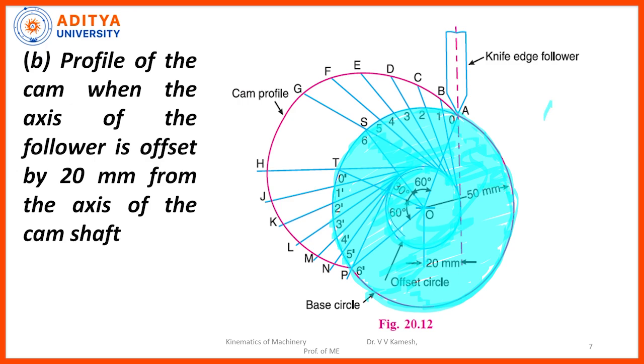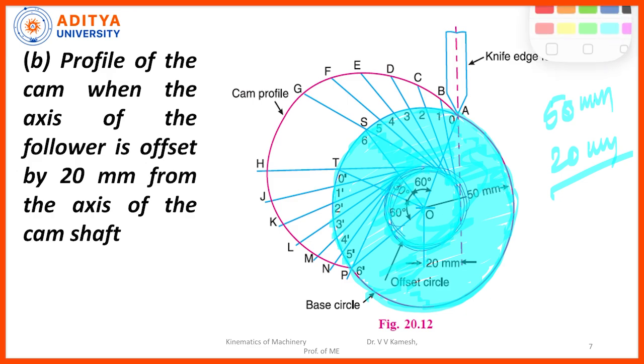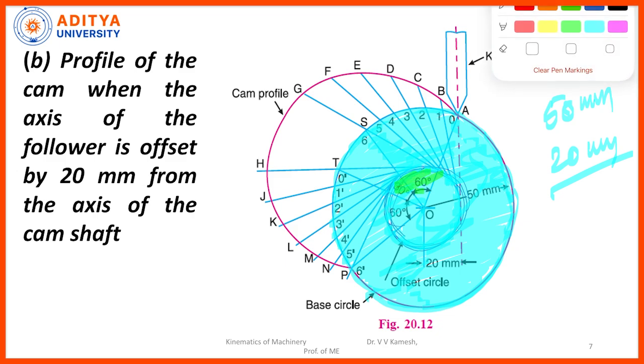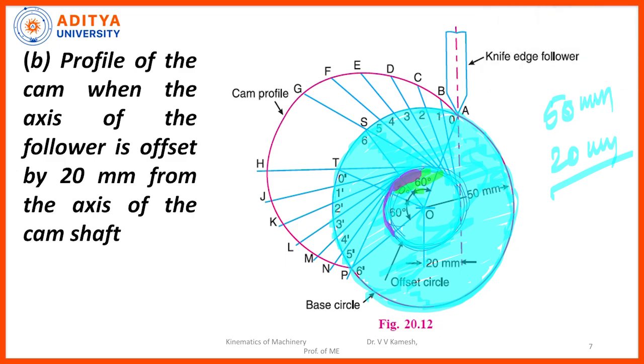The base circle is 50 mm radius and the offset is 20 mm. So from O, with 20 mm, I need to draw an offset circle. Now this offset circle I will make with a darker color. So this is the offset circle, which is 20 mm.